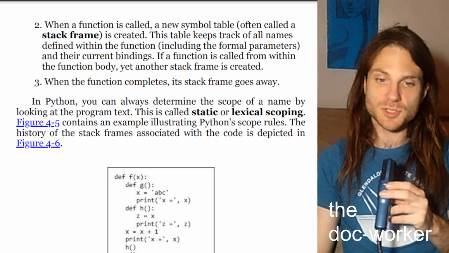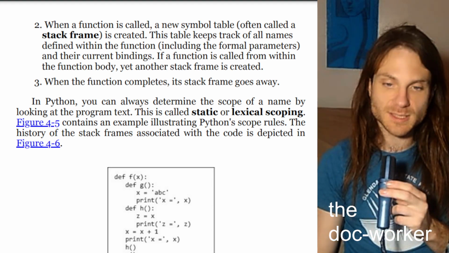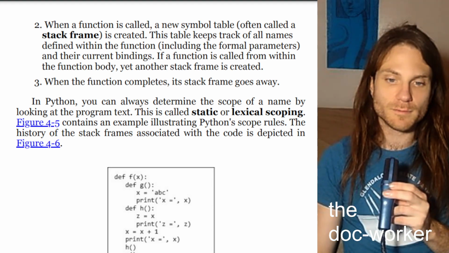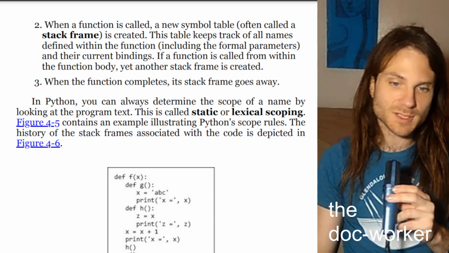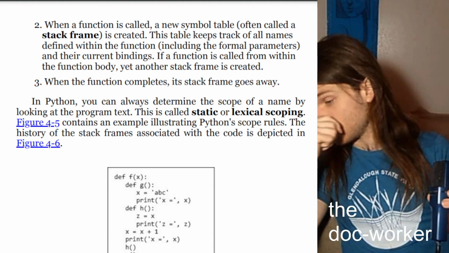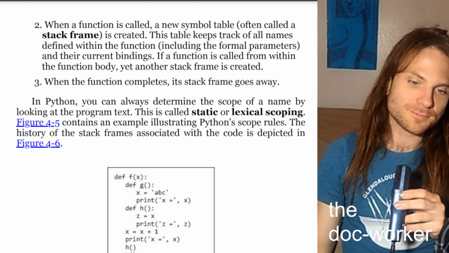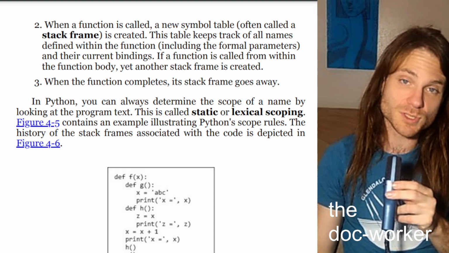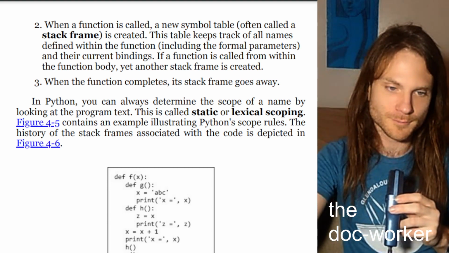This table keeps track of all names defined within the function, including its formal parameters, and their current bindings. If a function is called from within the function body, yet another stack frame, or symbol table, is created. Three, when the function completes, its stack frame goes away. Vanishes, smoke on the wind.